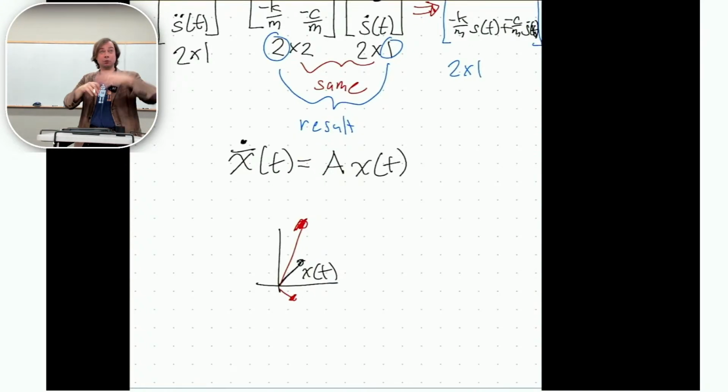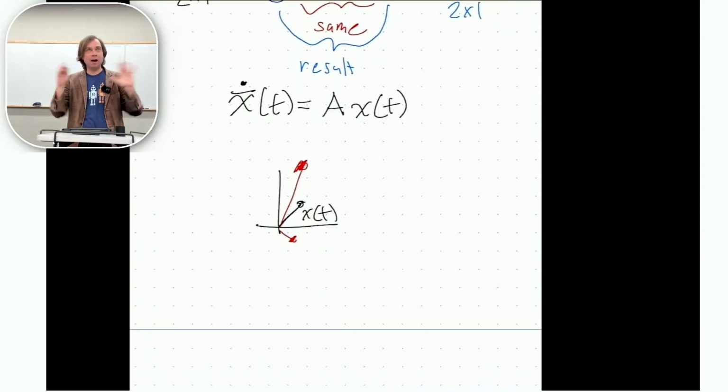If it grows, it's bigger than 1. If it shrinks, it's less than 1. Okay? So now, that's a very general introduction to eigenvalues, okay? But if you take the eigenvalues of A, and more generally, eigenvalues are this lambda here.